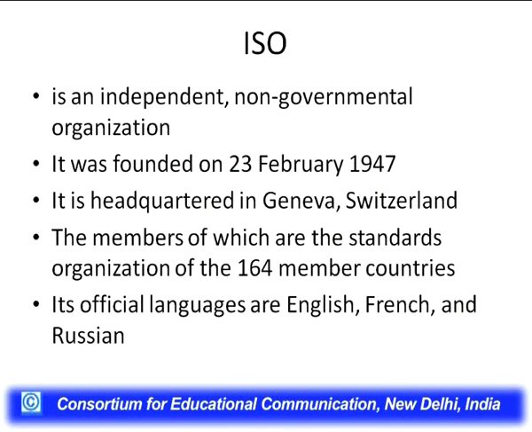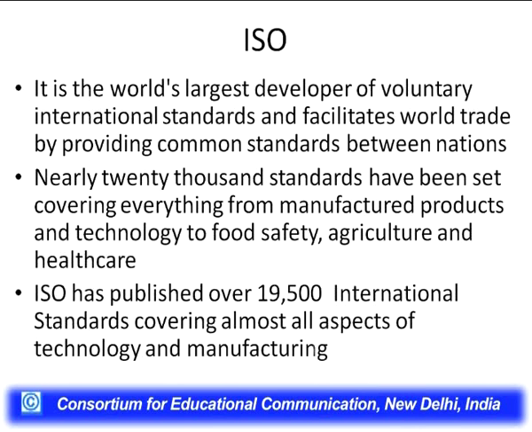Now, in detail, ISO is an independent non-governmental organization. It was founded on 23rd February 1947. Its headquarters is in Geneva, Switzerland, and its members are the standard organizations of 164 member countries. Its official languages are English, French and Russian.